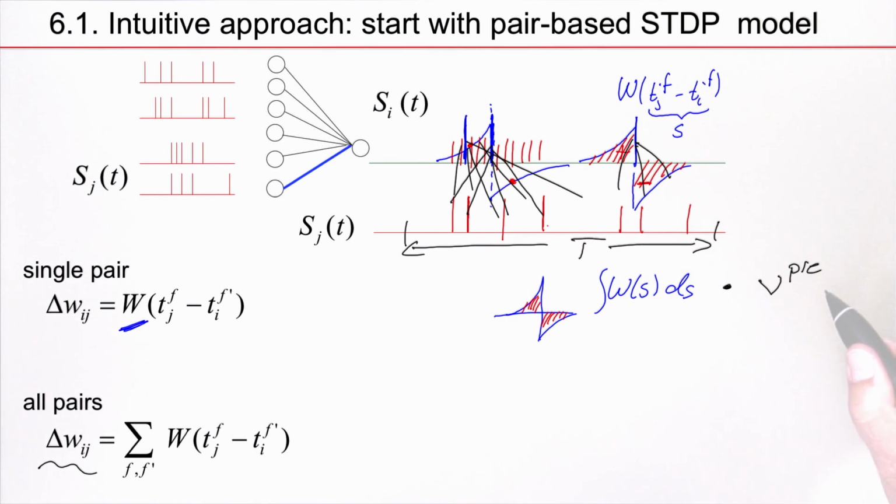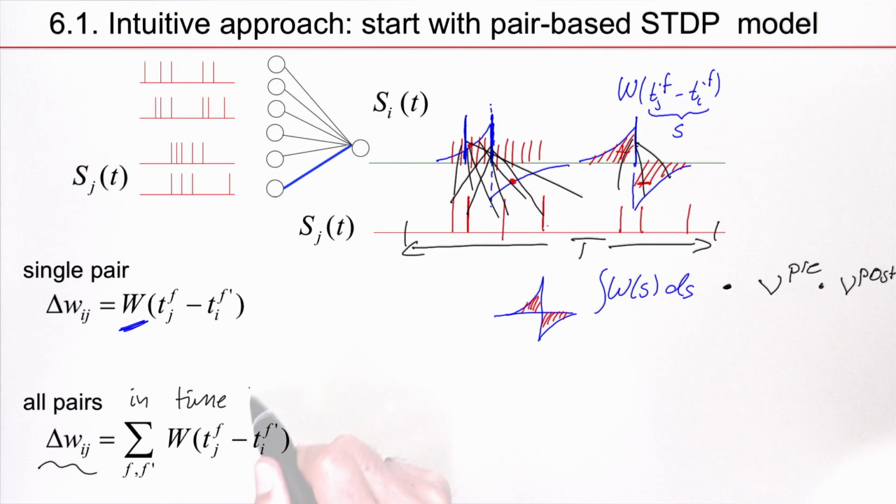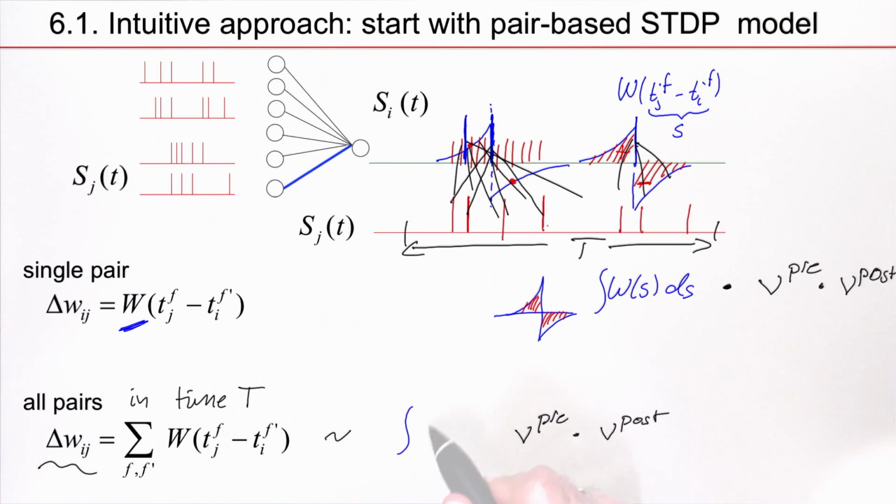So the total change in a window of time length capital T will be proportional to the rate of presynaptic spikes and the rate of postsynaptic spikes, and this integral over the window, the surface under the window.